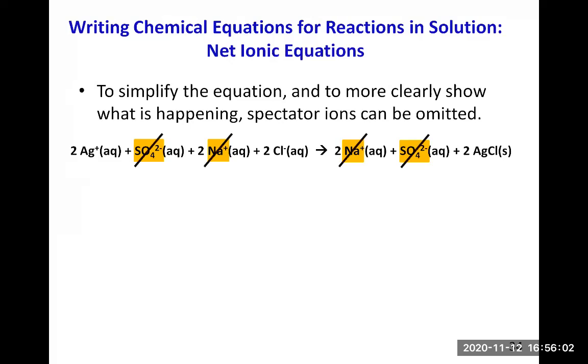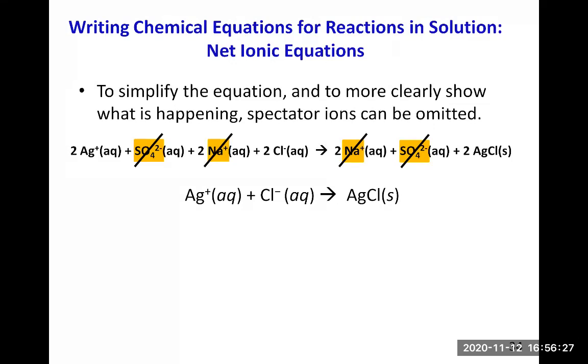And so then the equation becomes 2 Ag plus 2 Cl minus gives 2 AgCl solid. And so because there are 3 coefficients of 2, we can omit them and it becomes Ag plus aqueous plus Cl minus aqueous gives AgCl, the solid, the precipitate.